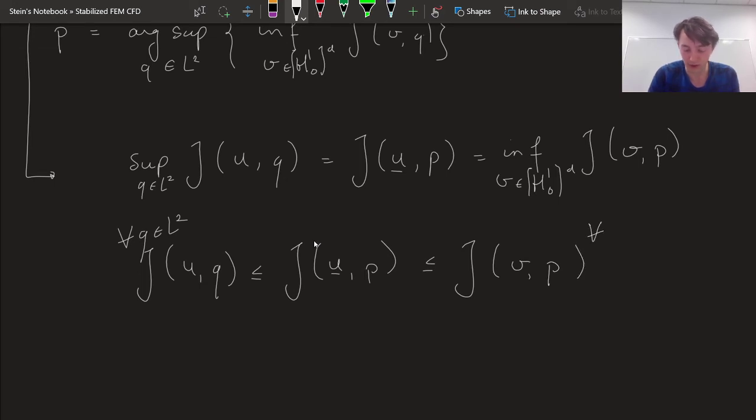And this has to be true for all functions v in H10. The reason I'm showing you this is that now we see this chain structure, something being smaller than our true potential at the solution point for all q, and being smaller than the minimum over all choices of v. And this is why we're calling this a saddle point.